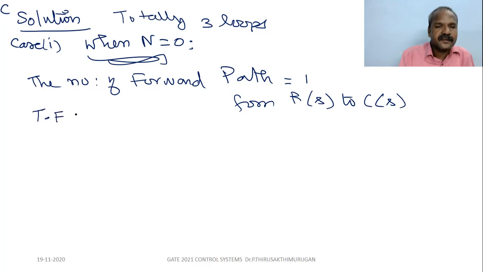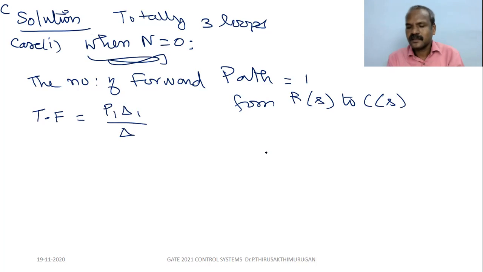Transfer function between C of S and R of S equal to P1 del 1 divided by delta. So only one forward path, so P1 del 1 alone is sufficient.